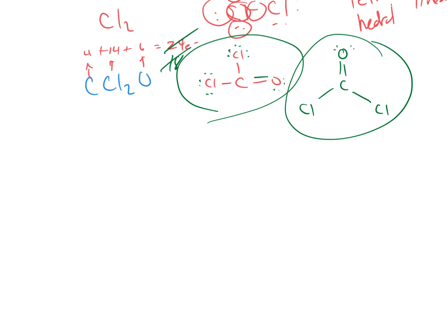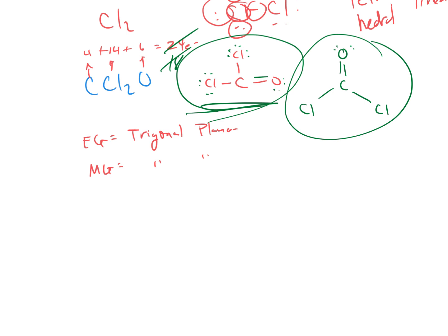So there's the Lewis structure right here. What's the electron geometry? Trigonal planar, good. Does everybody see that? There's 3 regions, so it's trigonal planar. What about the molecular geometry? Also trigonal planar.